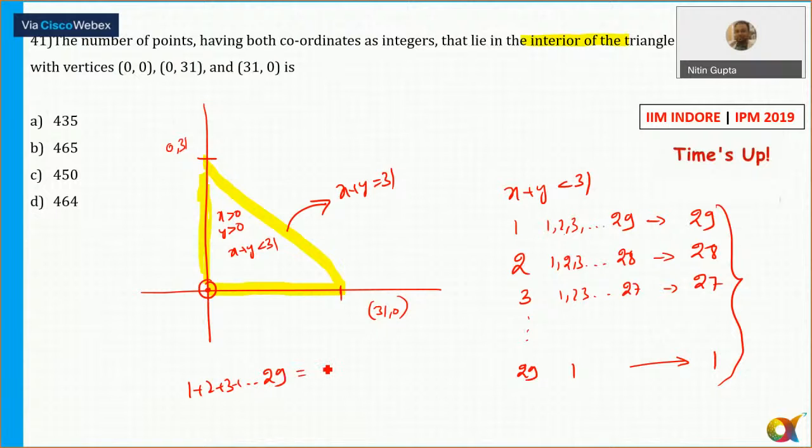That is 29 into 30 by 2, which comes out to be 435. Yes, Deepa is right. Jatin, you are also right. The correct answer is definitely option A, 435.